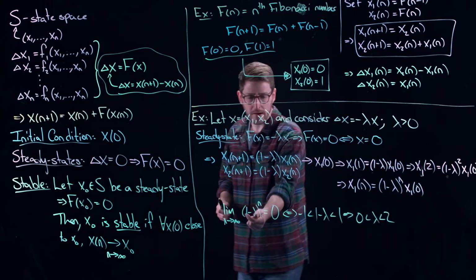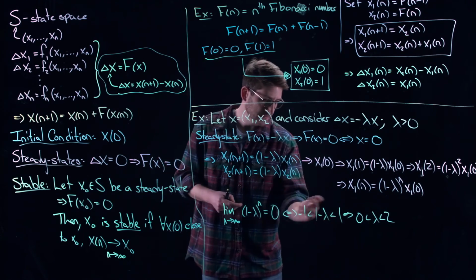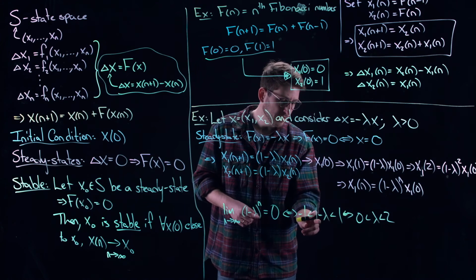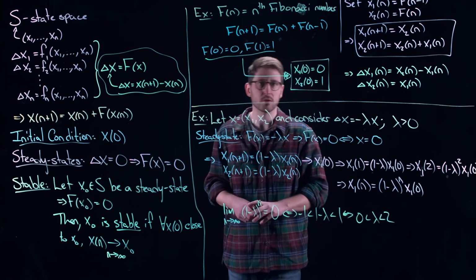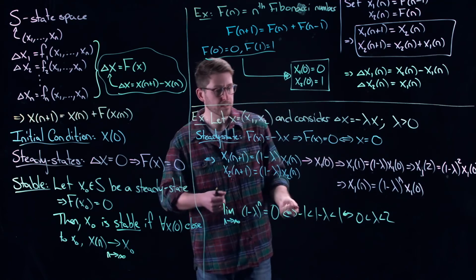Basically you have to be exponentiating something that's between minus 1 and 1. That's this condition right here. And whenever I swap things around and isolate for lambda in the middle, that's the same as saying lambda is between 0 and 2.